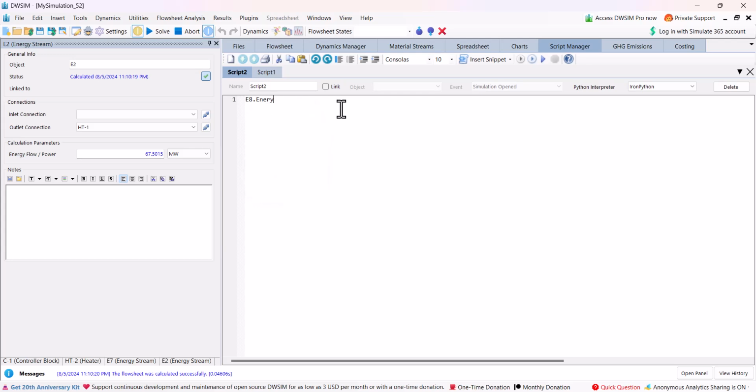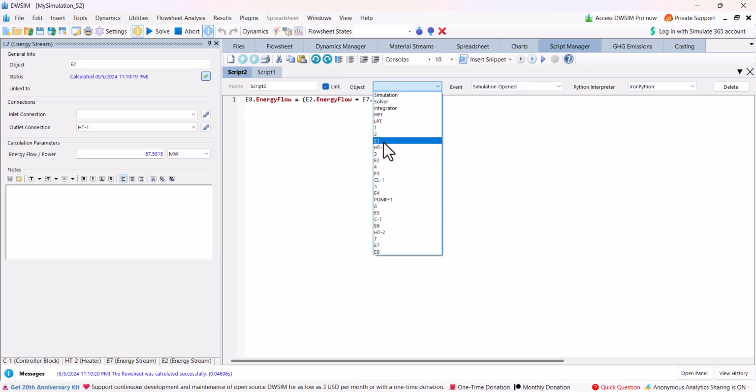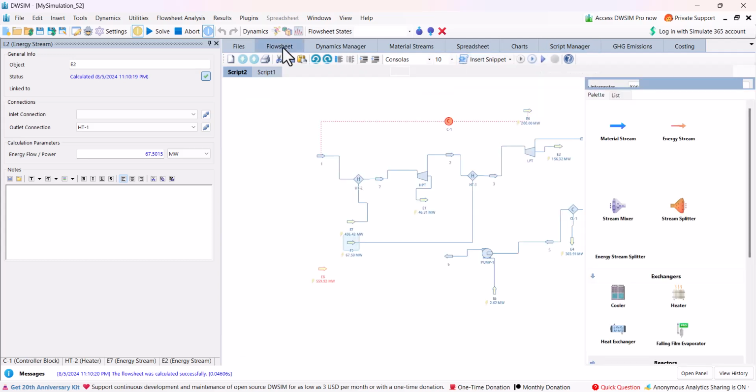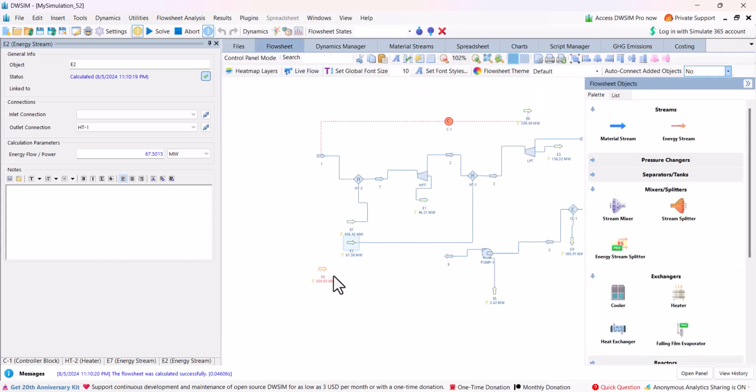E8 dot energy flow is equal to E2 dot energy flow plus E7 dot energy flow, divided by 0.9. I will link it with, let's see, E2 object calculation finished, and run it. Go to the flow sheet. Now we see 559 megawatt of power is required from natural gas.